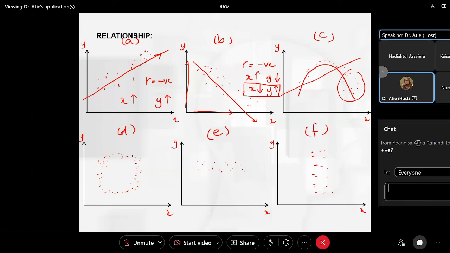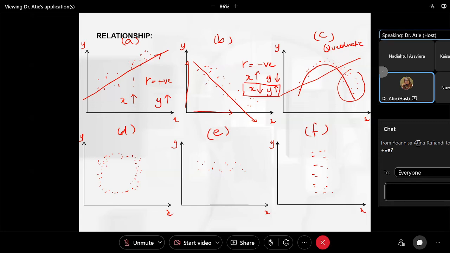Agree? Okay. So what we have here is what we call a quadratic line or quadratic equation. Quadratic, right? So what happened in this quadratic?